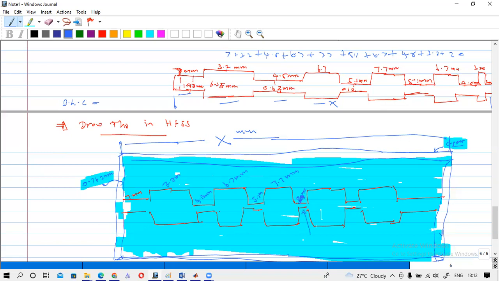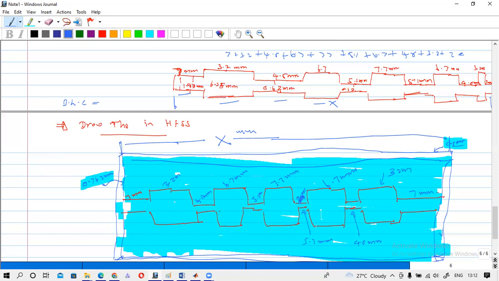This one 1.1 mm. This will be 6.7 mm. This section again will be 4.5 mm. This one will be 3.2 mm and this will be 7 mm.